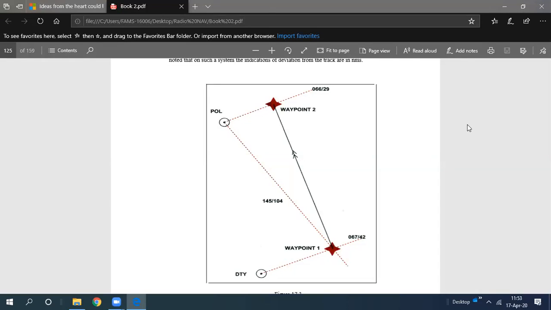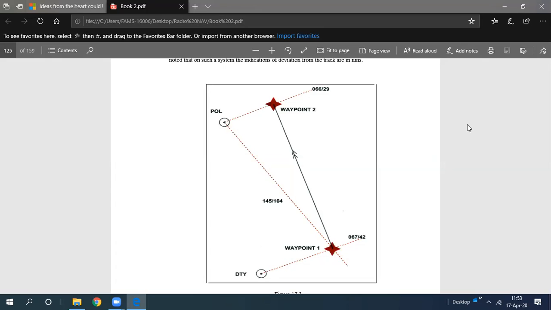Suppose you get diverted from waypoint 1 to waypoint 2 in any particular direction. As you get diverted, the heading will obviously change. So in your cockpit, you will get the indication, alter heading so and so now, to go to waypoint 2.